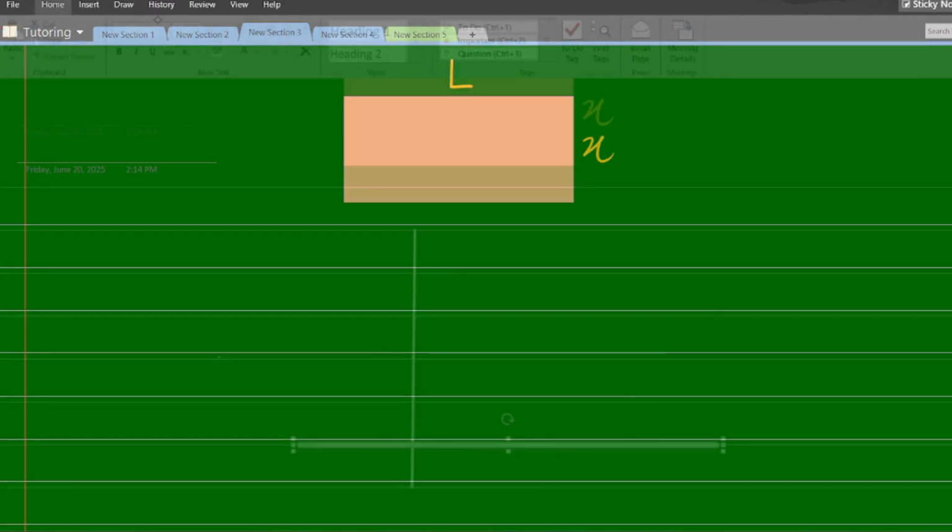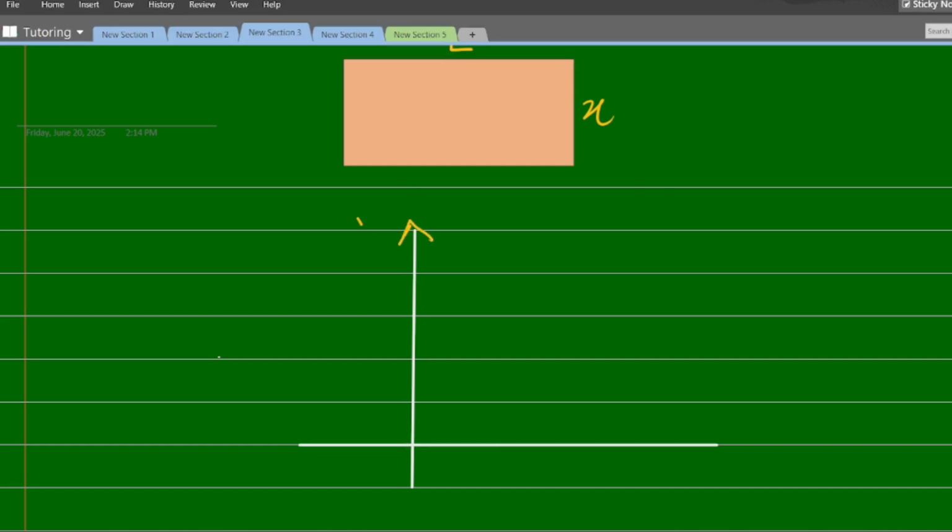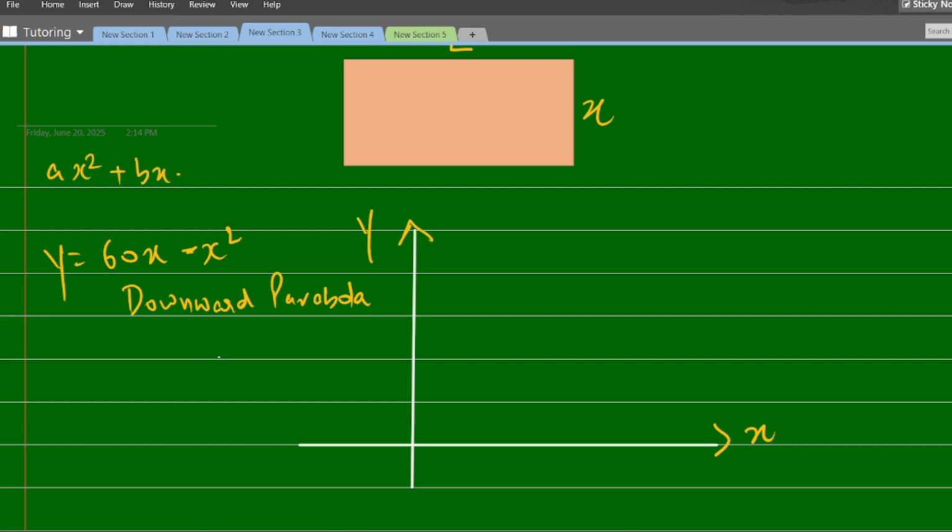So for those who are visual learners, I have y here and x here, and I have y as 60x minus x square. So you can see first, this is a parabola. Second, since we have minus, this will be a downward parabola. Third, this doesn't have a constant. Generally, a form of parabola is ax square plus bx plus c.